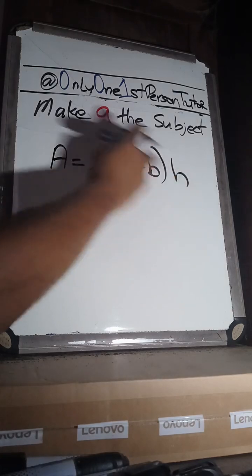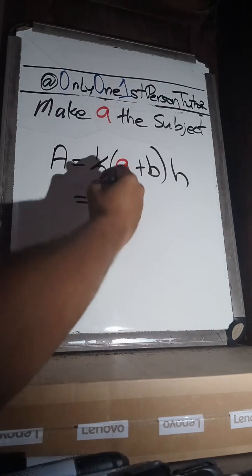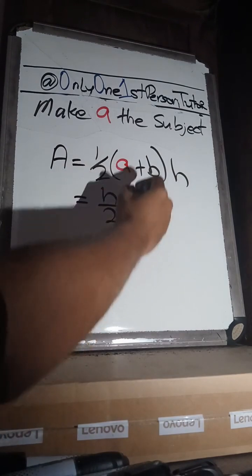And imagine that this h is multiplying everything too. So it's like you have h over 2 times that.